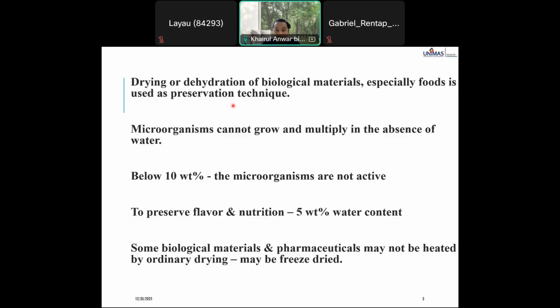Drying or dehydration of biological material, especially food, is used as one of the preservation techniques. In the absence of water, below 10%, the microorganism is not active. But to preserve the flavor and nutrition, it must be less than or equal to 5% water content.